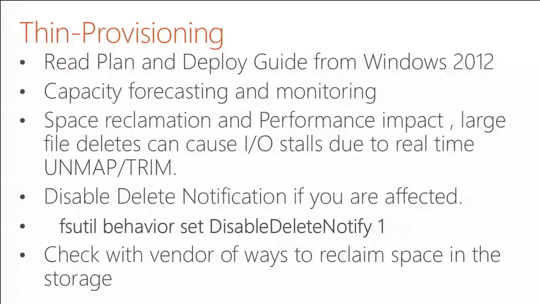Continuing with thin provisioning, I've seen a lot of issues with thin provisioning and unmapping. Unmap is the command that, when we delete a file on Windows, tells the storage to actually clear the blocks on the back end, and then you actually have the free space.